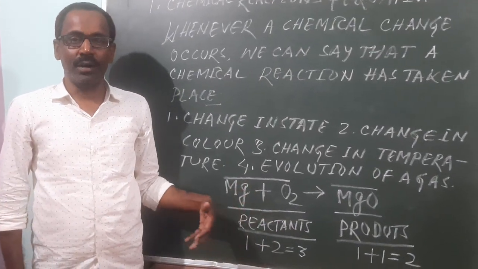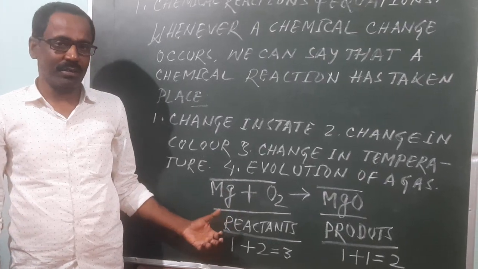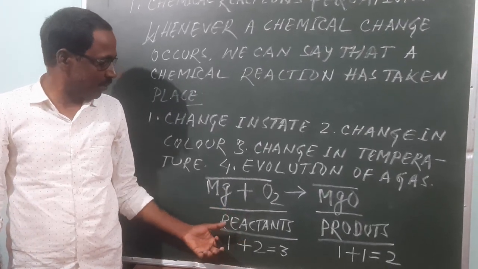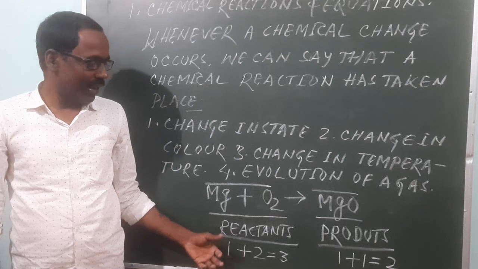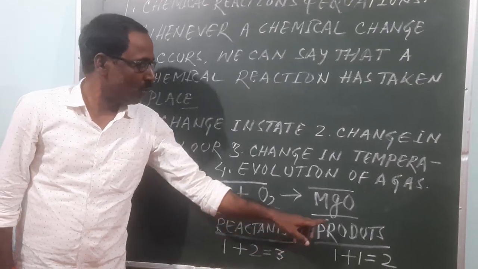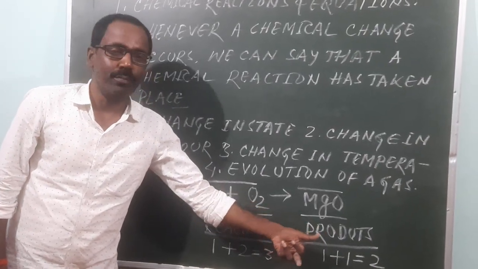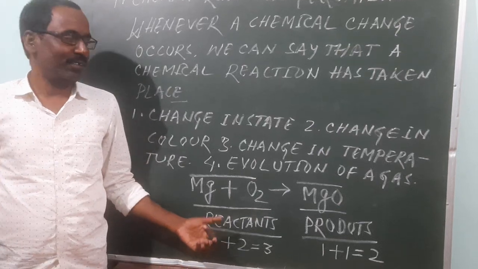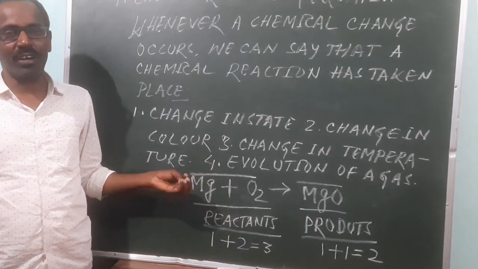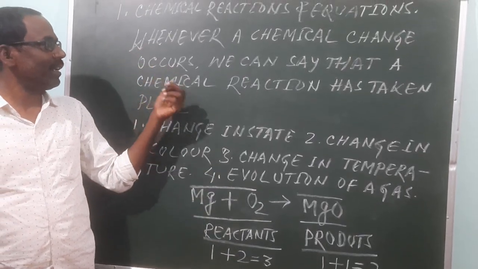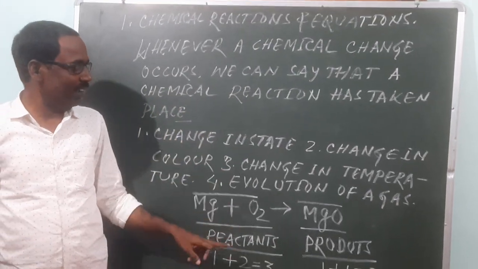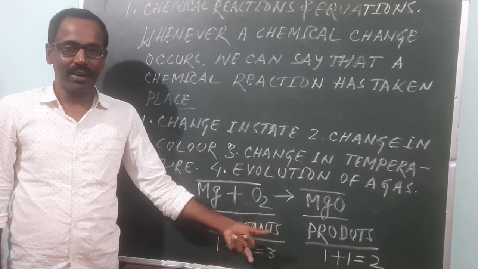In a balanced chemical equation, the total number of atoms of the reactants is equal to the total number of atoms of the products.